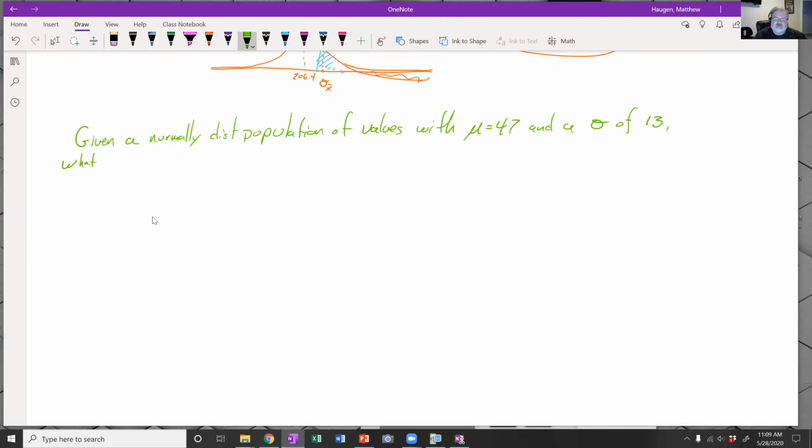What is the probability that the average of a 10 value sample will fall?